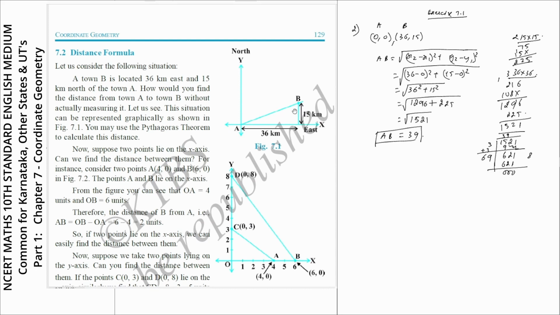So the distance between A and B is 39. Here it is in kilometers, therefore the distance between A and B will be 39 kilometers. The distance between cities A and B is 39 kilometers.